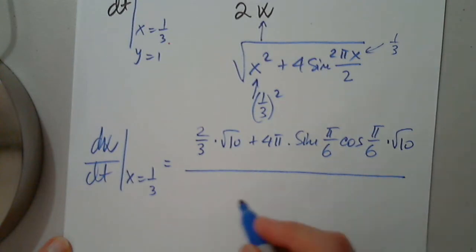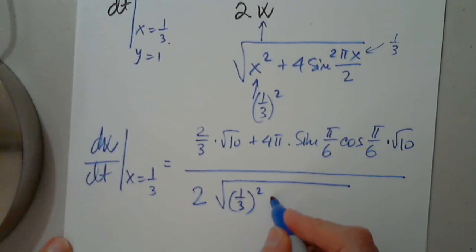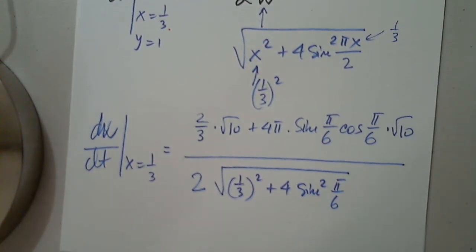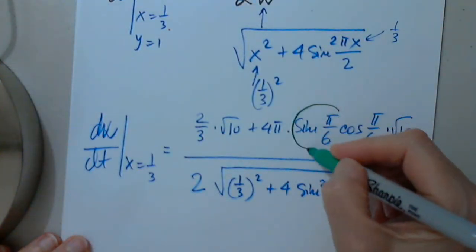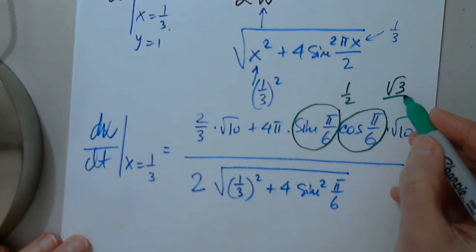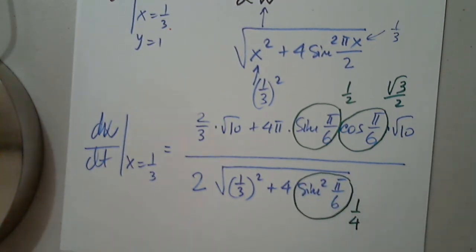Everything divided by 2 times the square root of 1/3 squared plus 4 sine squared pi over 6. Okay, now I know that this is 1/2, and this is the square root of 3 over 2, and this is 1/2 squared, which is 1/4. I need to simplify a little bit before I put all this in the graphing calculator.